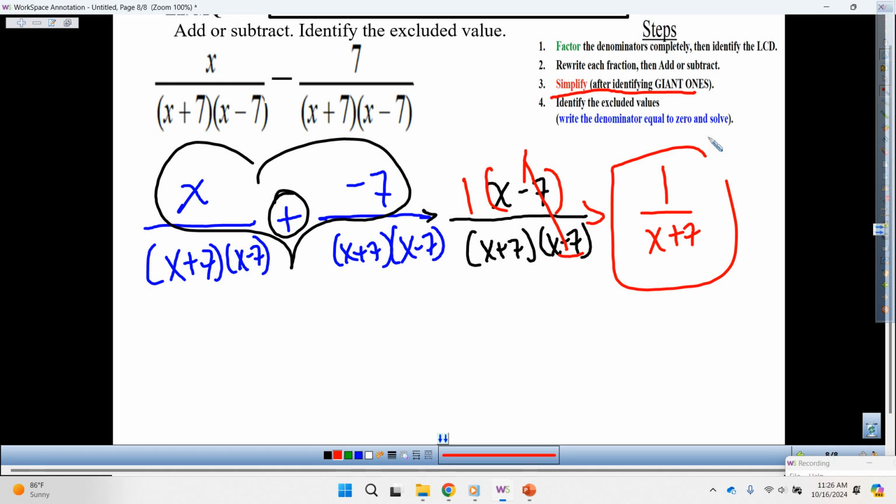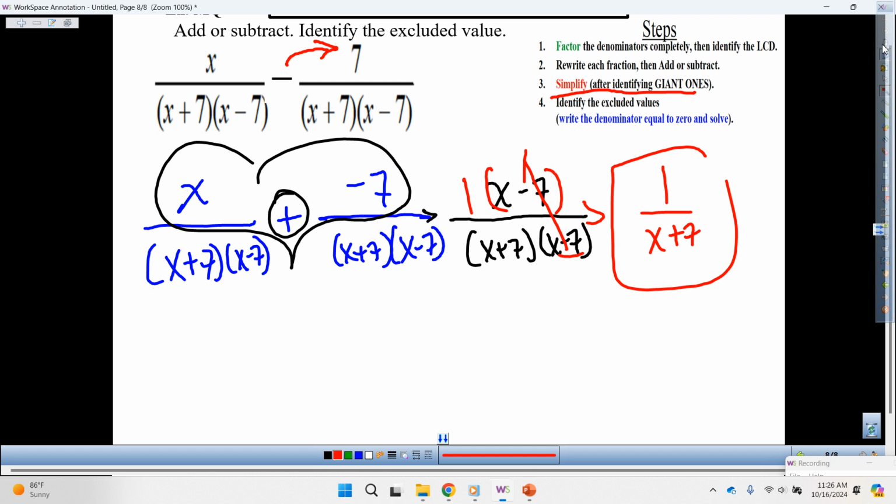Mario. Distribute the negative. That is correct. To the right side and to the numerator. That changes it to addition.